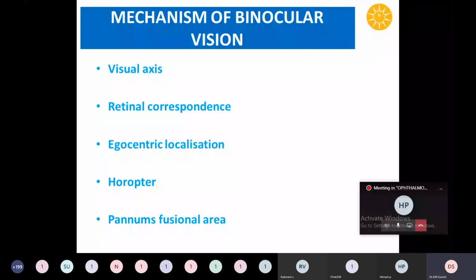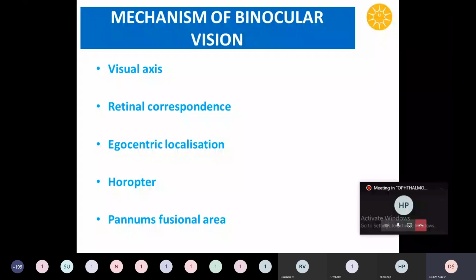Then you will come to the mechanism of binocular vision. You have to have a good visual axis. The visual axis should always pass through the fovea, and the retinal correspondence should be there. For example, point 1 in the right eye should correspond with point 1 in the left eye, and both points are represented in the cortex at the same place, and that is the prerequisite for binocular single vision.